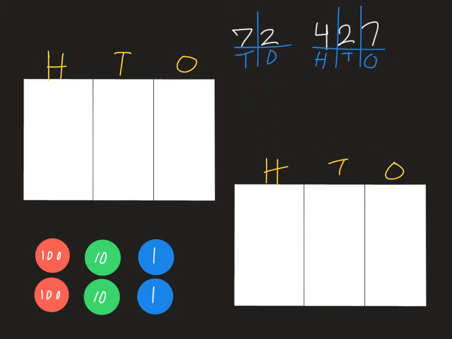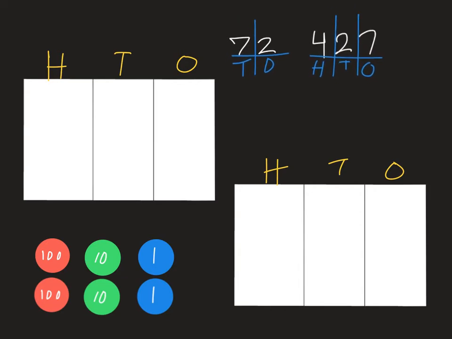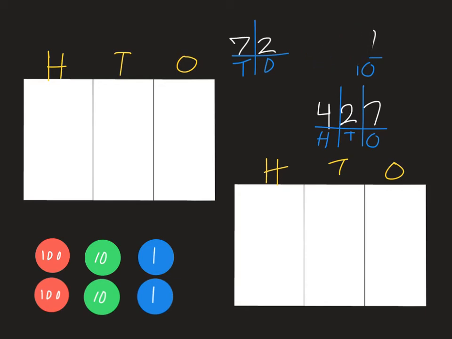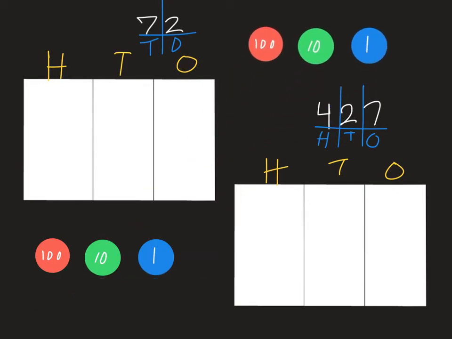Now that we've successfully broken these numbers up, we can manipulate them and figure out what we're dealing with. Okay, so first things first, let's represent 72 in place value disks. Well, we don't need the hundreds place for this one, so we're not going to worry about it.